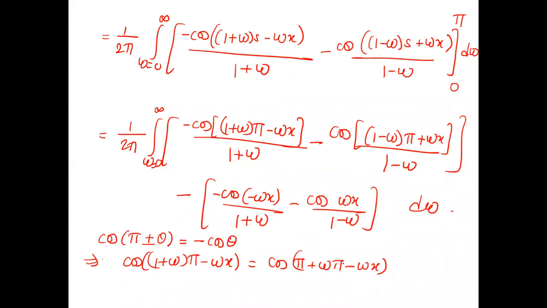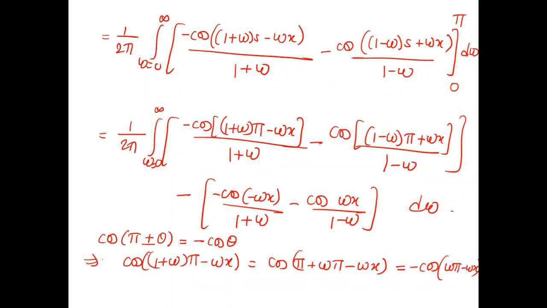So cos of pi plus this theta, what will be the answer? Pi plus theta, this is your theta. Cos of pi plus theta is minus cos theta. So this is minus cos omega pi minus omega x.